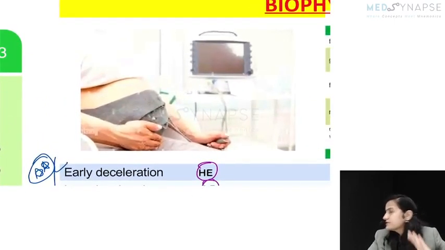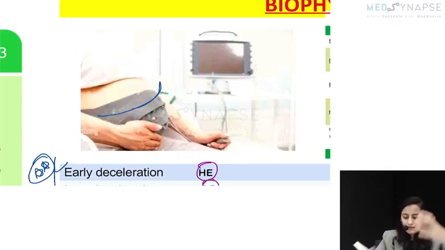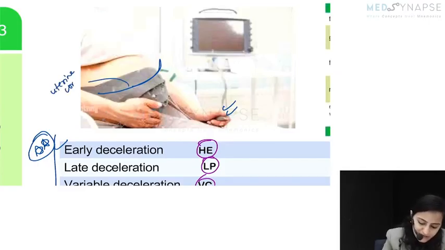What are we doing here? Is it NST or CTG? CTG. Why? In CTG, basically here there will be a band where you ask the female to press it whenever she feels a contraction. So basically this is uterine contraction.